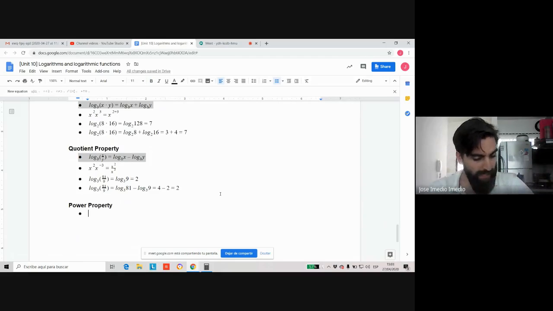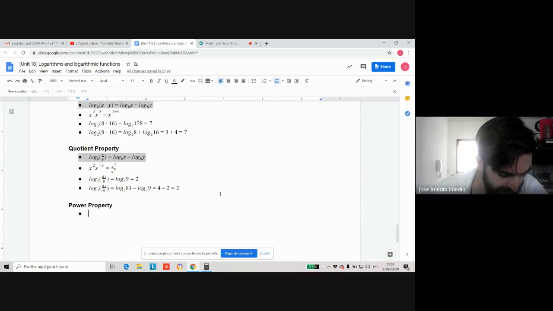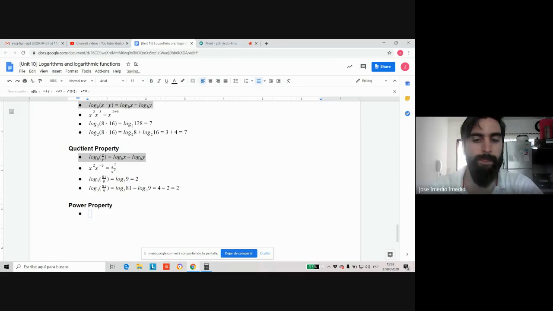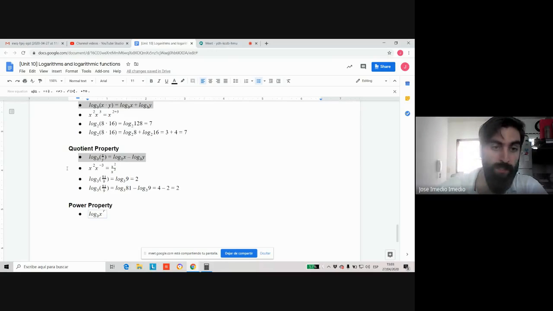In this case, the property says that the logarithm base b of x raised to the power of r equals r times the logarithm base b of x.